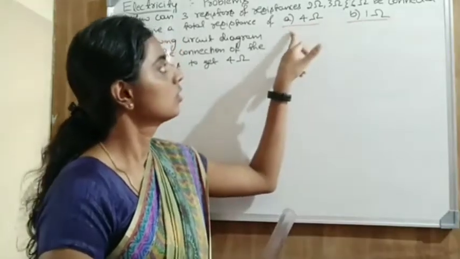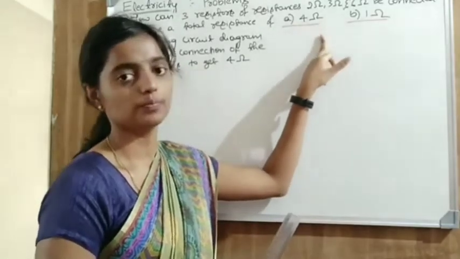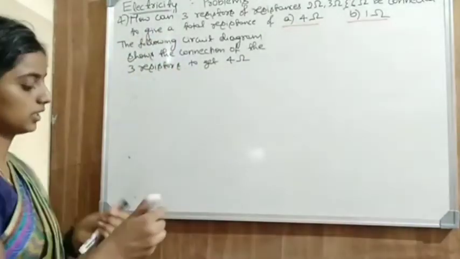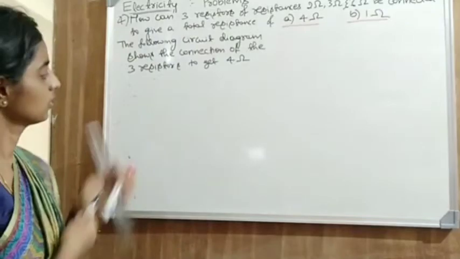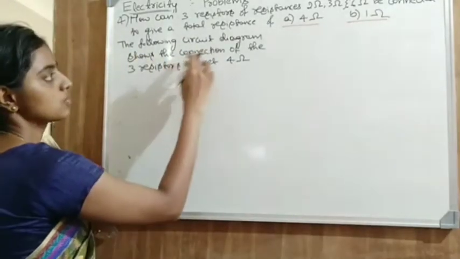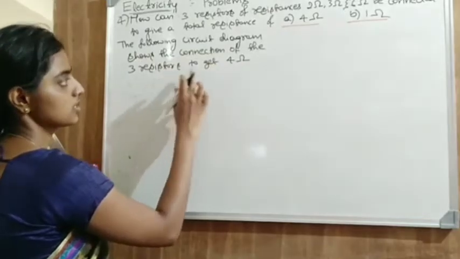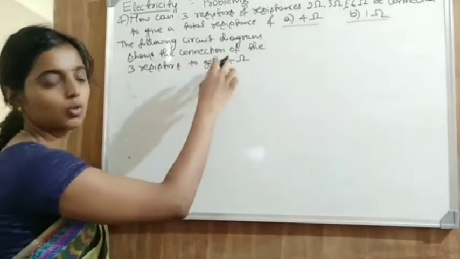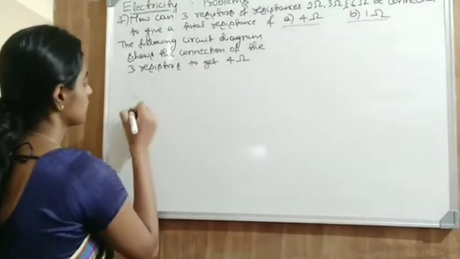So let us go for the first one, that is 4 ohm. Now I'll write the circuit diagram. See, the following circuit diagram shows the connection of three resistors to get 4 ohm. Write it in your own words or else copy this one.